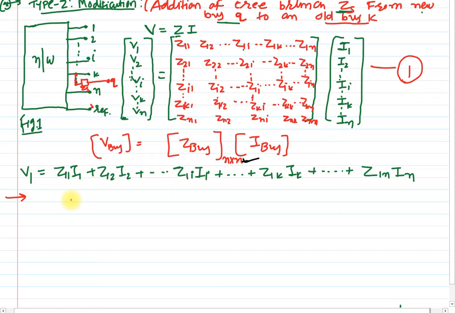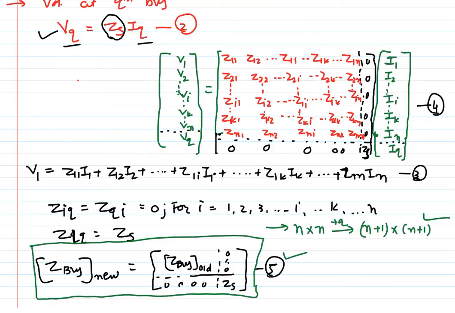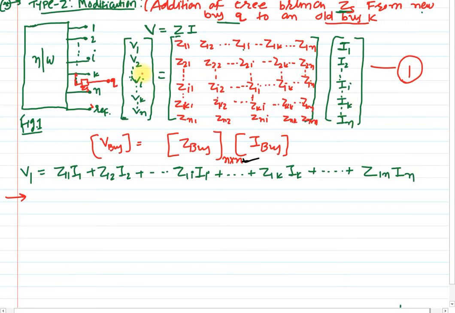Okay, so let us just recall the previous case where you have written this equation number 2. Same way you need to just write the equation of voltage at bus number Q. I will give this equation number 3.